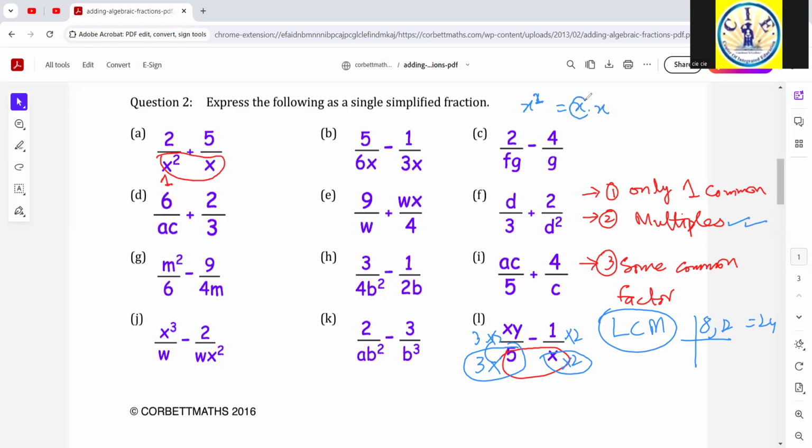In the second fraction, x is already there, so I just need to multiply it by another x, and to equalize it, I need to multiply the numerator as well. We have got the common denominator x squared, so we can make a single fraction having x squared in the denominator, 2 plus 5x.